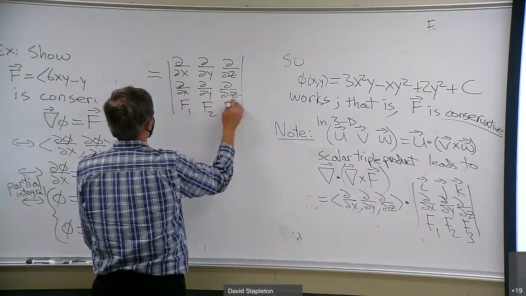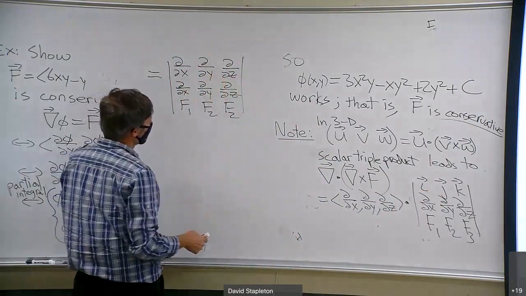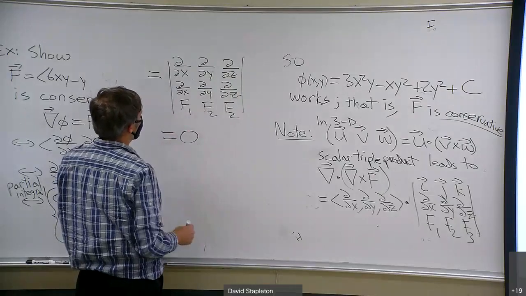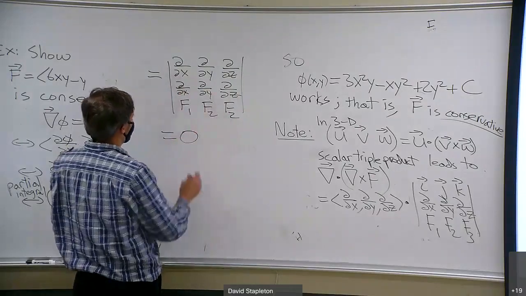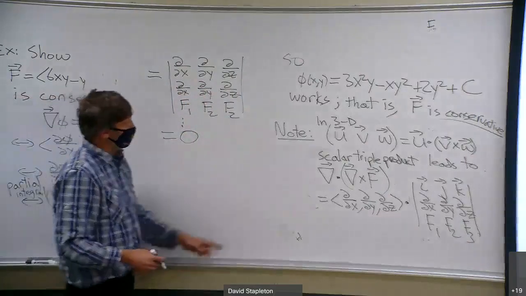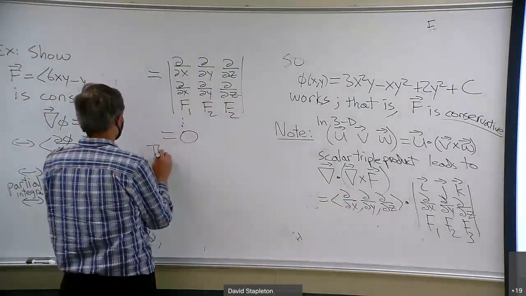Maybe one thing you remember about determinants is that when any row repeats or any column repeats, or it's just a multiple of each other, the determinant is always 0. If you compute this out, you'll always get 0. And so we say that the gradient of the curl is always 0. The theorem then.